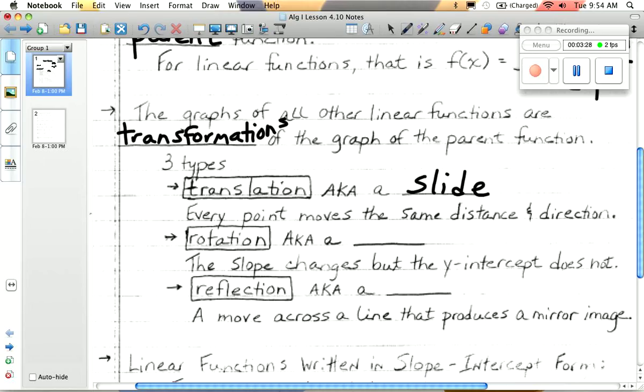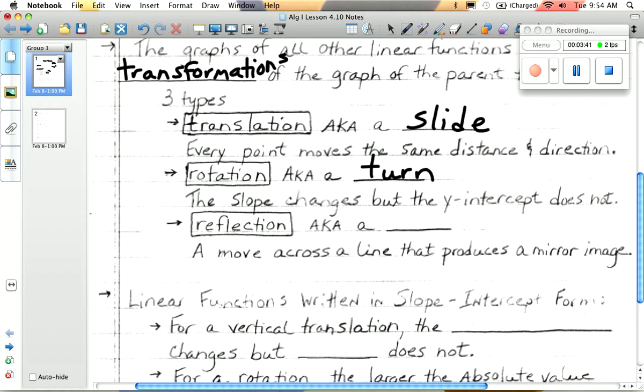Okay, what's a rotation also known as? A turn. When you think of a rotation, you think about something turning. So when we have a turn, what happens is the slope changes, but the y-intercept does not. Do you think the y-intercept has to change when you do a slide? Think about it. You're going to slide up or you're going to slide down. Does the y-intercept have to change? Yeah, it does.